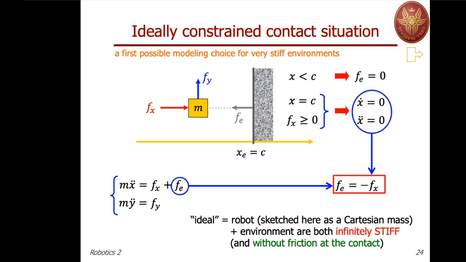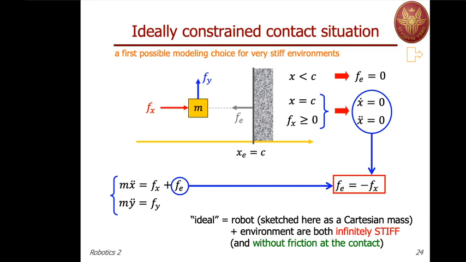If we look at the original equation, being x double dot equals 0, then we have an algebraic relation between the reaction force Fe and the applied force minus F, because Fx plus Fe should be equal to 0. This shows that if we assume this type of stiff contact, and by the way, we assume no friction at the contact, on one side we have an equation which remains untouched, m y double dot equal f of y, which is the free motion direction in a sense.